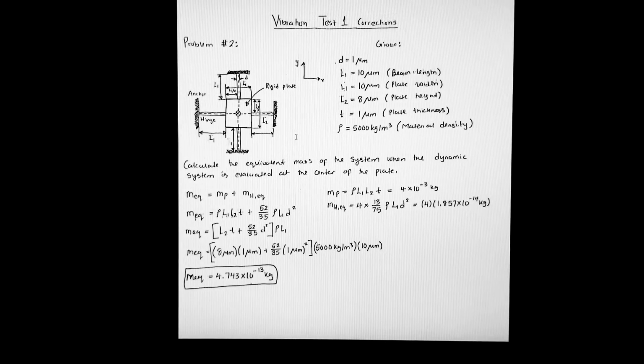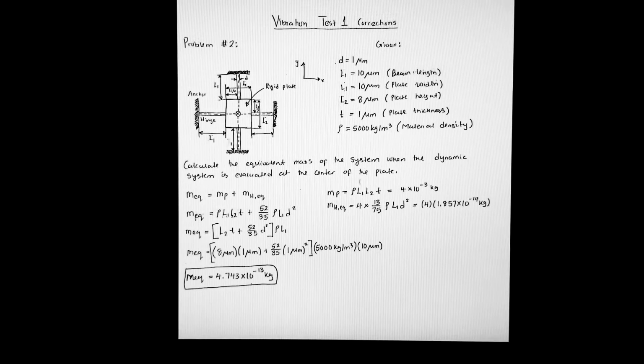Then we are told to calculate the equivalent mass of the system when the dynamic system is evaluated at the center of the plate. This is the center of the plate, and then we are told to calculate the mass equivalent of this entire system. So the equation for this is the mass equivalent equals MP plus the mass equivalent outside of the height.